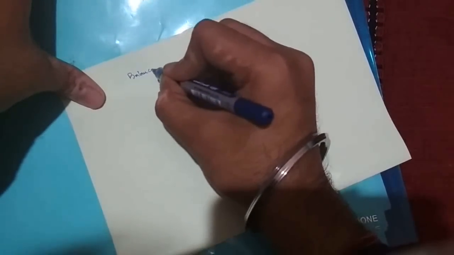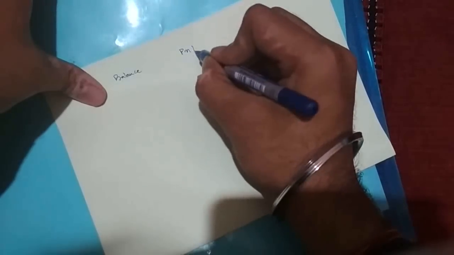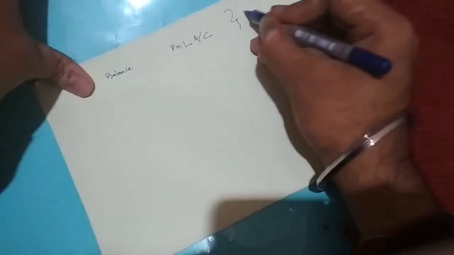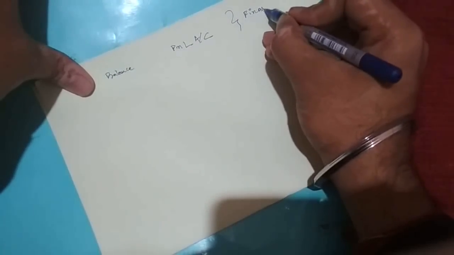In the last some of the chapters I already discussed what is a balance sheet and what are P&L accounts. I already told you these are part of the financial statements.